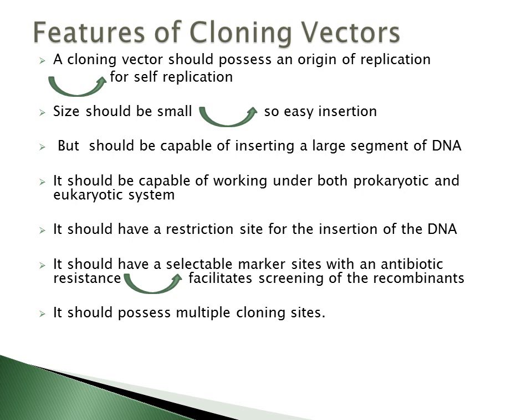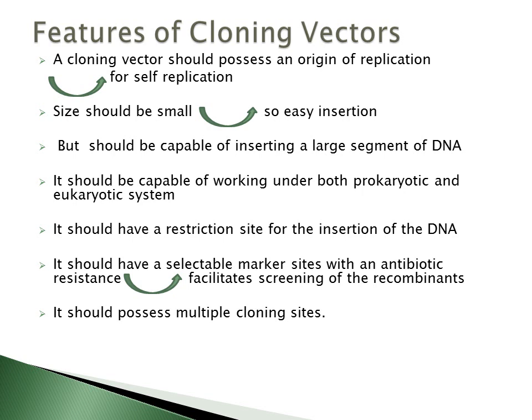The size should be small so that insertion is very easy. Even though it is small, it is capable of inserting a large segment of DNA. The plasmid, even though it is small, is capable of inserting a large segment of DNA, so it should be selected as a cloning vector.